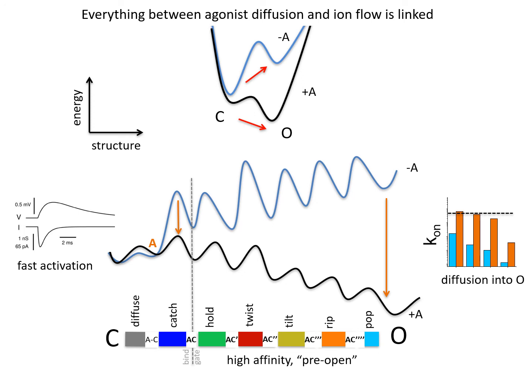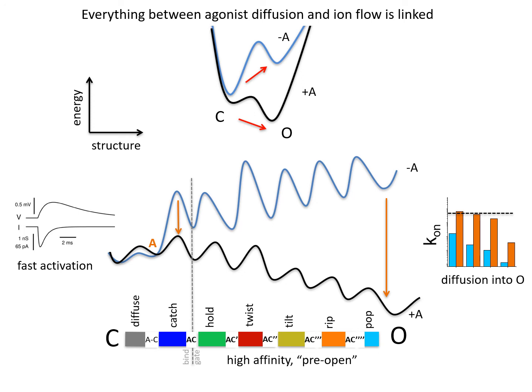So when you fuse the water molecules by pop, then you will promote the rip event, and rip will promote the tilt event. Tilt promotes twist, twist promotes hold, hold promotes catch. So catch is happening in the receptors that are made constitutively active by making a mutant.